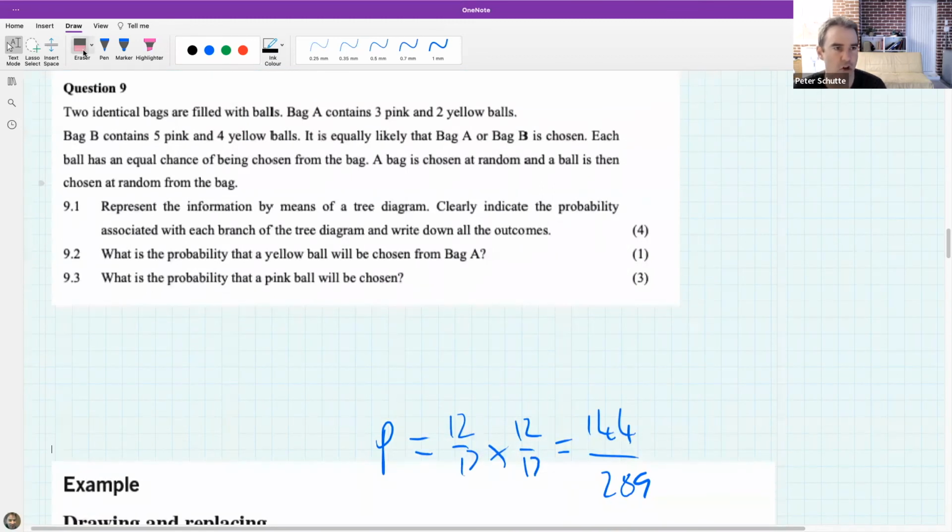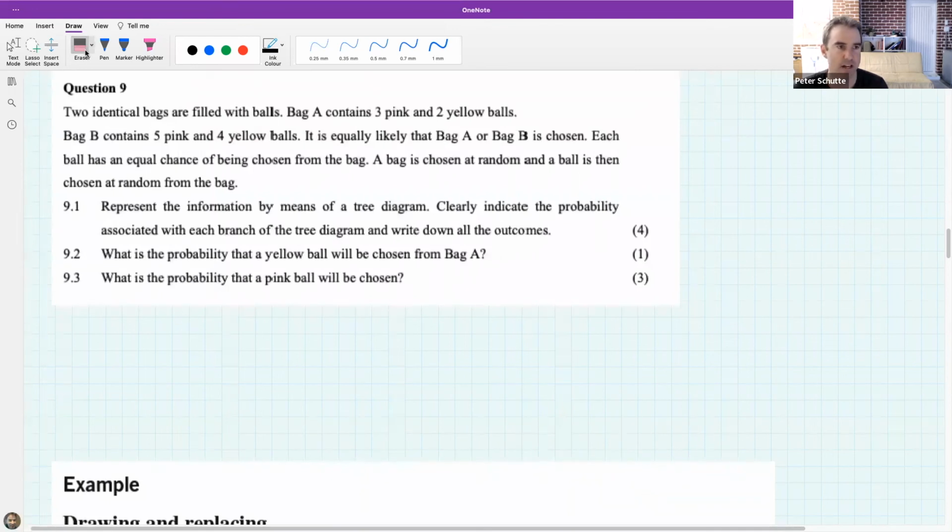I want you to start by trying to draw the tree diagram for the situation. So let's try and do 9.1 first. And I'm going to let you fly solo here. Let's do this. And just say done when you've done 9.1.